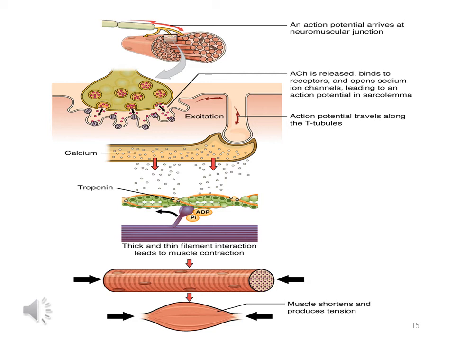So this is important because it depends on a couple of different things. First of all, how much neural stimulation do we have? You have to have the central nervous system telling you what's going on, how much to pull, how much force, how much contraction we actually need.